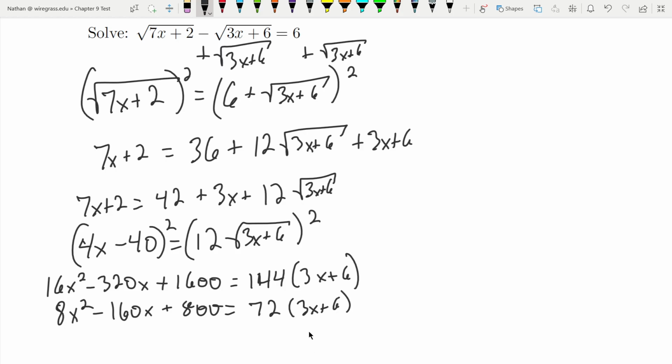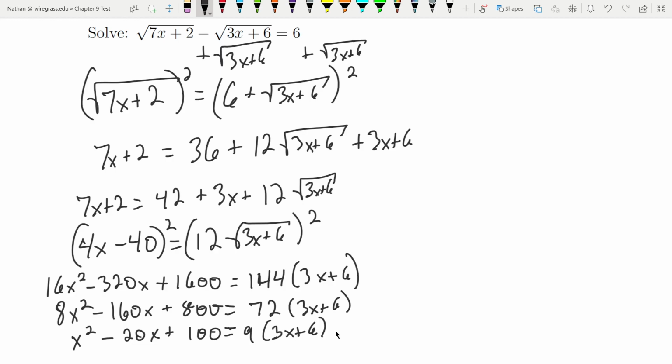I can divide out another 2. Can I divide out 4 from this? Yeah. Can I divide an 8 from it? I think I can divide an 8 from everything. So I'm going to divide everything by 8. So that gives me 20x plus 100 equals 9.